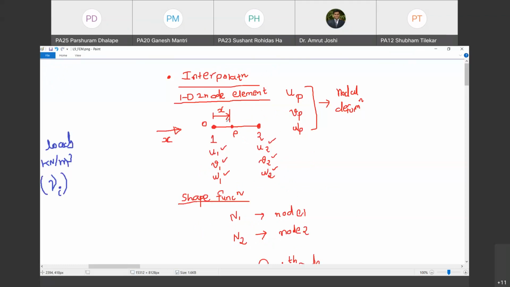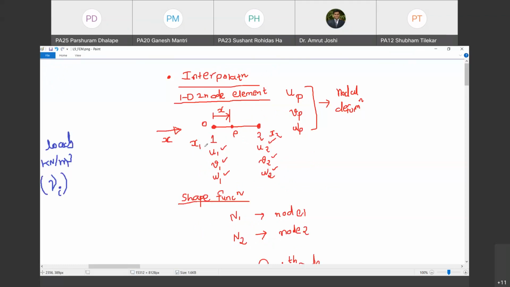Let us assign coordinates to 1. So let me say the x coordinate of 1 is x1 and x coordinate of 2 is x2. Though we know that x1 is 0 and x2 is equal to the length of the element, we will not say that. We will say that x1 is the x coordinate of 1 and x2 is the x coordinate of 2.